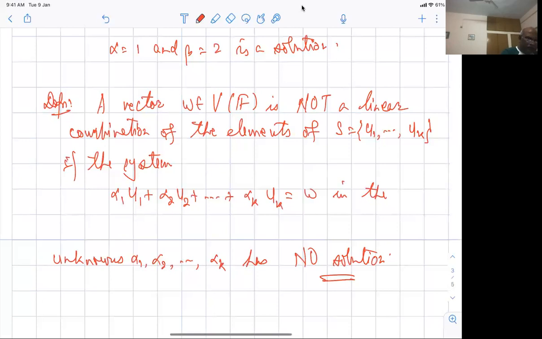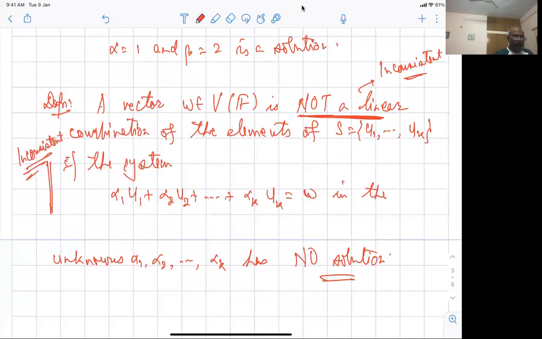Understand it again. When I am solving a linear system, I have two conditions basically: consistent or inconsistent. We are looking at inconsistent to talk of not a linear combination. So not a linear combination means inconsistent, and linear combination means at least one solution.